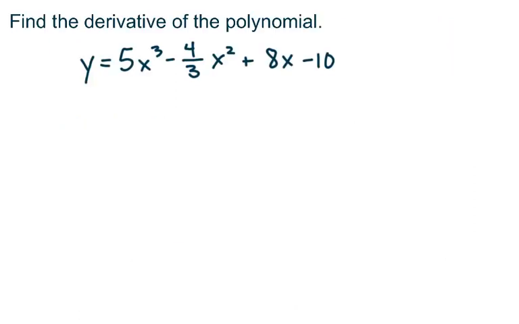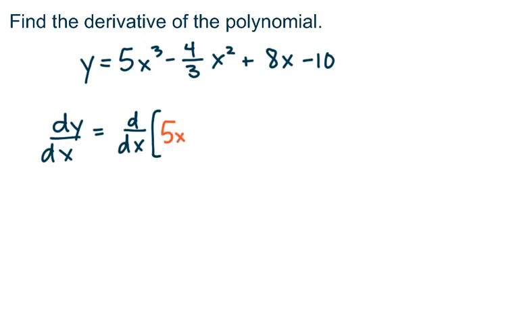Here we're going to find the derivative of the polynomial y equals 5x cubed minus 4/3 x squared plus 8x minus 10. I have 4 terms here, and they're all either added or subtracted from each other. We're asked to find the derivative. So the derivative of y with respect to x would be taking the derivative with respect to x of each term.